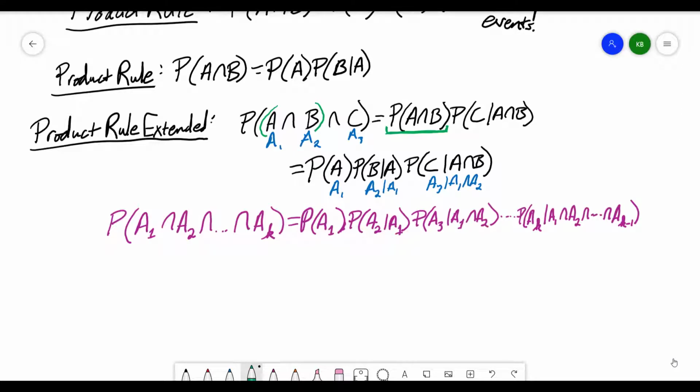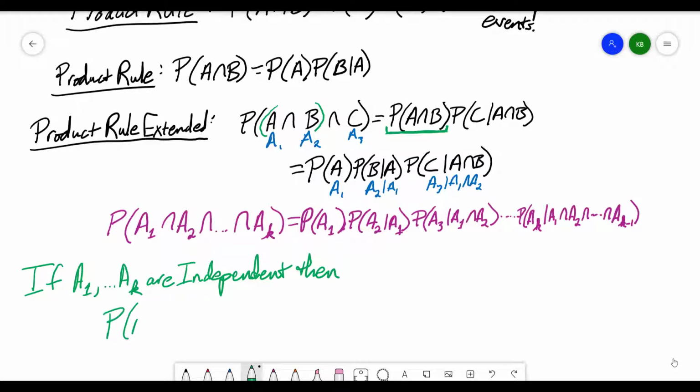So if A1 all the way up to AK are independent, then my probability of A1 intersect A2 intersect up to AK is going to equal the probability of A1 times the probability, now the probability of A2 given A1 when A1 and A2 were independent was just the probability of A2.